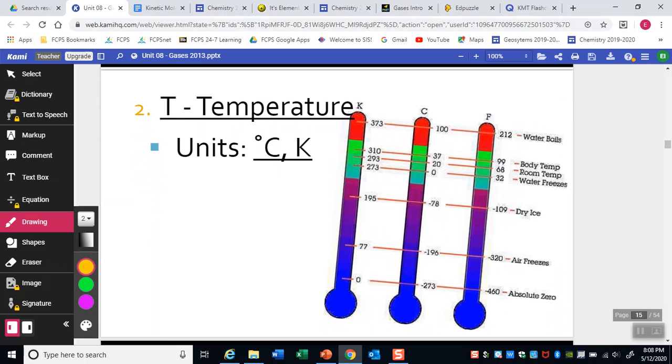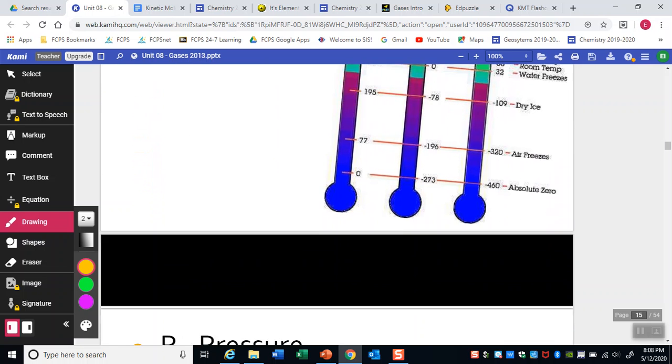And like we said, absolute zero for kelvins is actually negative 273 degrees Celsius, and 0 degrees Celsius is 273 kelvins. So there's a difference of 273 degrees, basically. And Fahrenheit is just totally different, so we're not even going to talk about Fahrenheit.